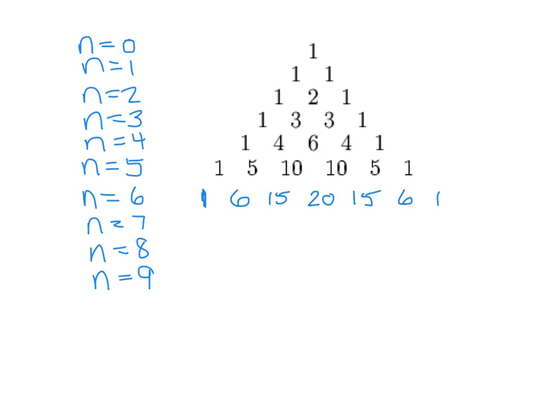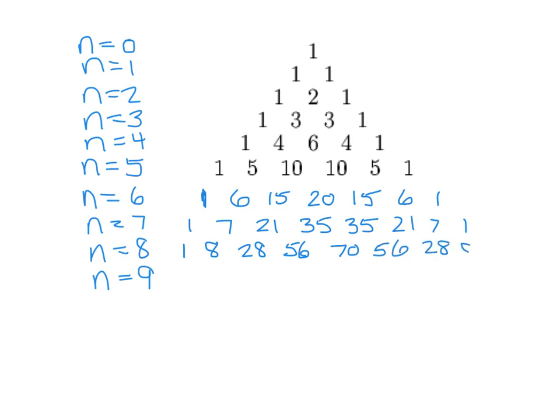The next row, keep your 1 going. And then we have 7, 21, 35, 35, 21. Notice the symmetry. 7, and keep the 1 going. We got 1 out here. 8, 28, let's see, 56, 70, 56, 28, 8, and the 1.